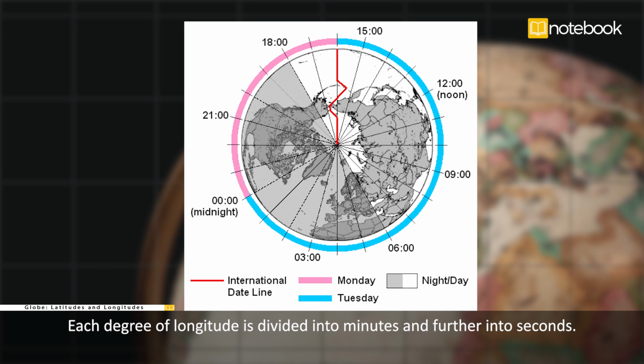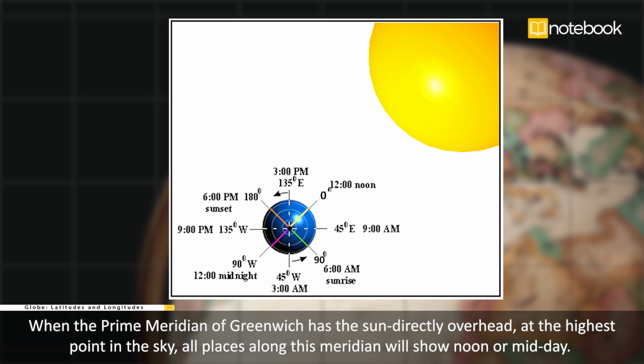Each degree of longitude is divided into minutes and further into seconds. When the prime meridian of Greenwich has the sun directly overhead at the highest point in the sky, all places along this meridian will show noon or midday.